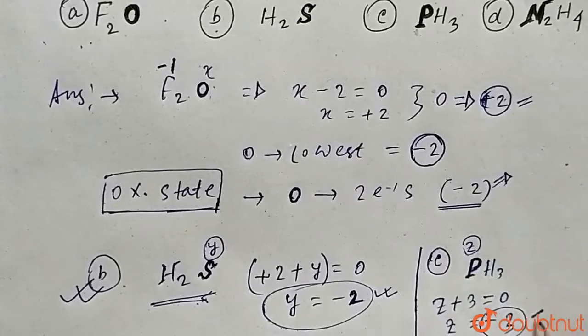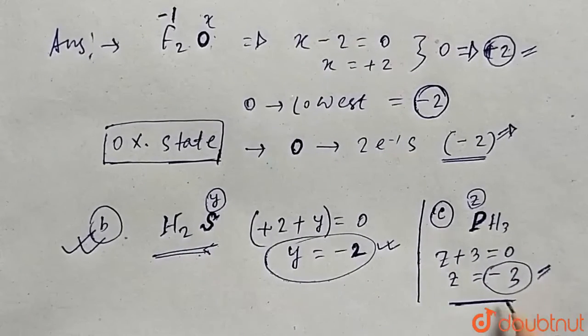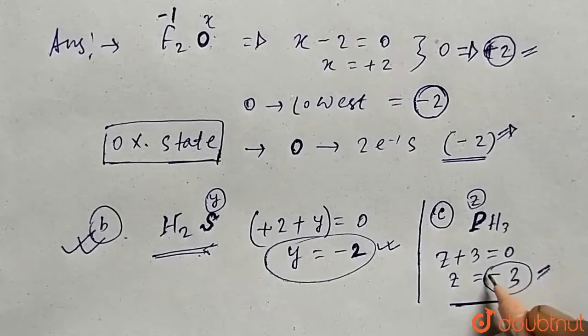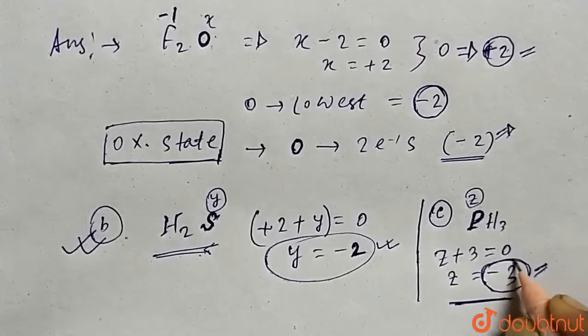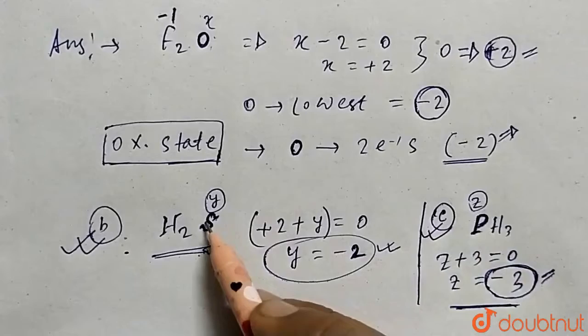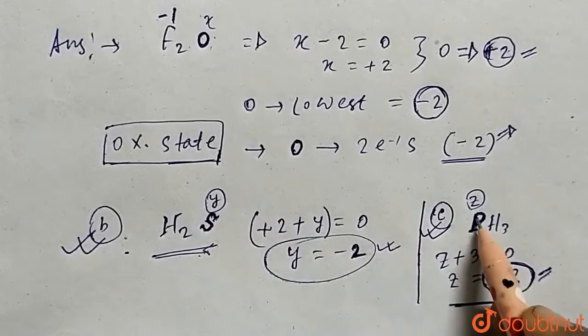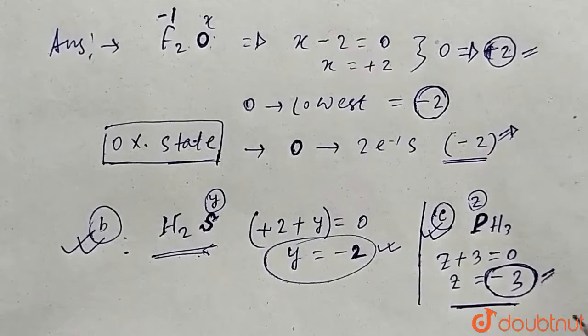Because phosphorus has 5 electrons in its outermost shell. If it gains 3 electrons, then 5 plus 3, 8 electrons will fill the octet, and its oxidation state becomes -3. So in B and C we have the lowest oxidation states: for sulfur, the bold atom, and here phosphorus is the bold atom, with lowest oxidation state -3.